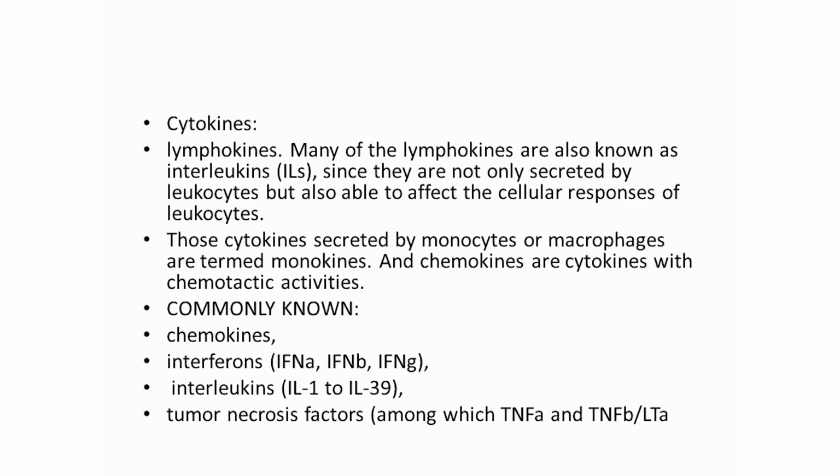The ones that come from monocytes are called monokines. What are commonly known? Commonly known are chemokines, interferons, interleukins, IL-1, IL-6, IL-10. IL-6, there are so many hospitals where they are examining IL-6 in COVID-19 patients because that is a very famous and very established marker. And TNF, tumor necrosis factor.